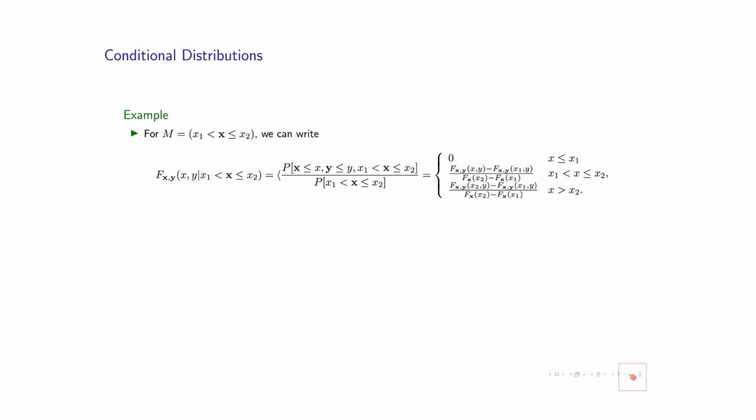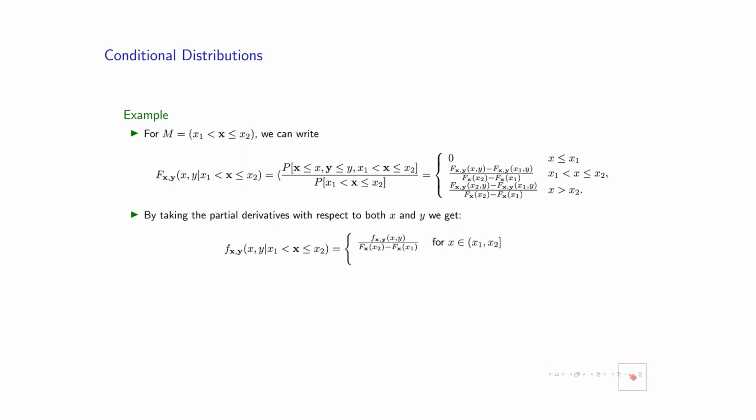So this is the joint conditional distribution of these two random variables, provided we know that one of them is in a certain range. Now, if you take partial derivatives with respect to both x and y, you get the conditional PDF of these, provided that you know that one of the random variables is in a certain range.